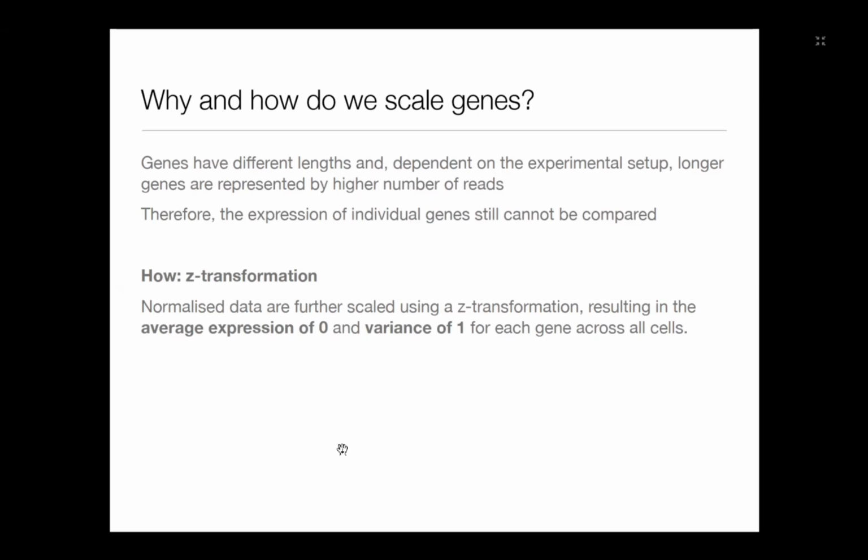So what we can do very easily is a z-score transformation. So afterwards, every gene will have an average expression of 0 across all cells and a variance of 1. So that's very useful, for example, if you want to visualize a lot of genes in one plot, because then they are all on the same scale.